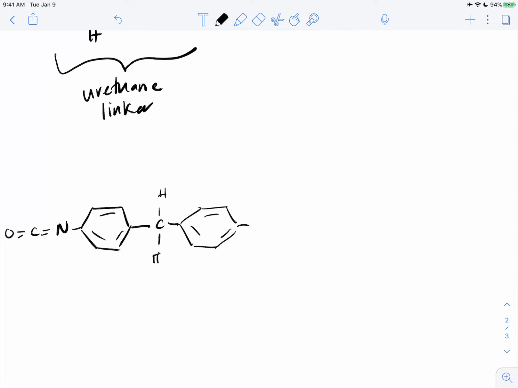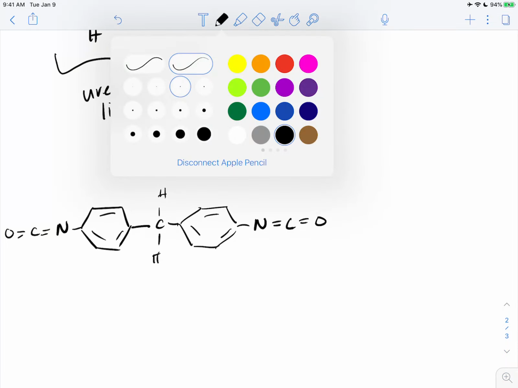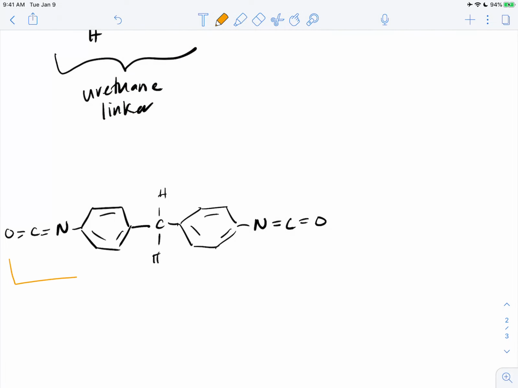And then that's attached to a nitrogen, double bond carbon, double bond oxygen. Now this is an important part of, you'll see most of the polymer units that we make, they actually have, see how this and this are mirror images of each other?